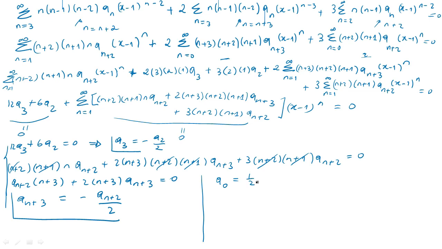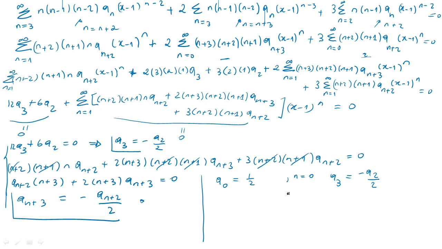Okay, so if we have, for example, n equals to 0 in this expression over here, we get that a3 is going to be negative a2 over 2, that we already know.